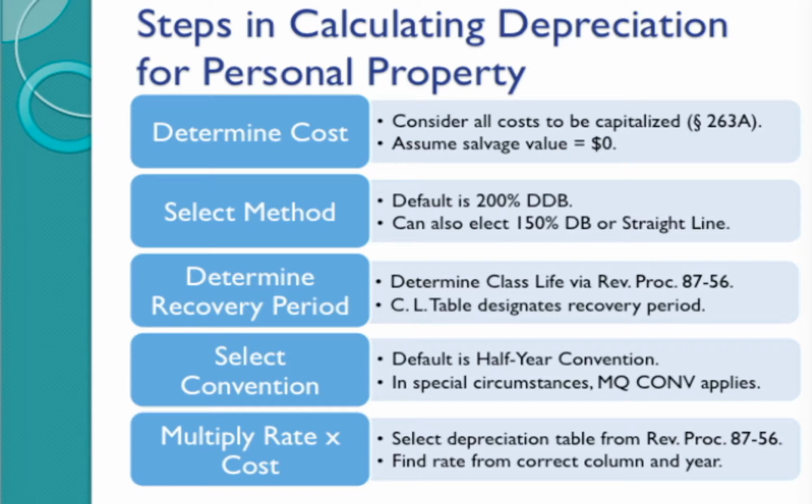Then your final step is to take the rate, whether it be the 200% double declining balance, the 150%, or the straight line, and multiply that rate times the cost, and that will give you the amount for the year. Those are all set out in tables in the revenue procedures.